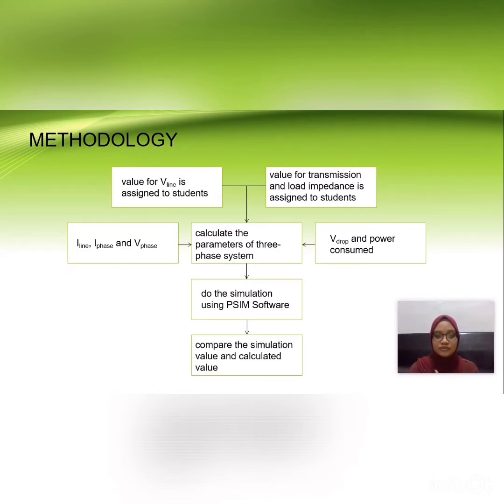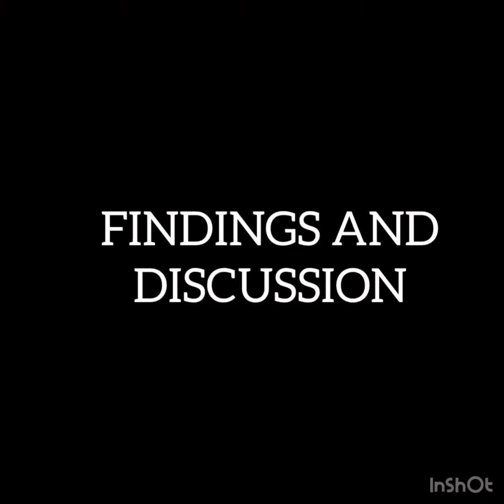Then we do the simulation using the PCM software to prove whether our calculation is correct or wrong. Finally, we compare the simulation value and the calculated value, which will help us identify whether there are any differences between them.